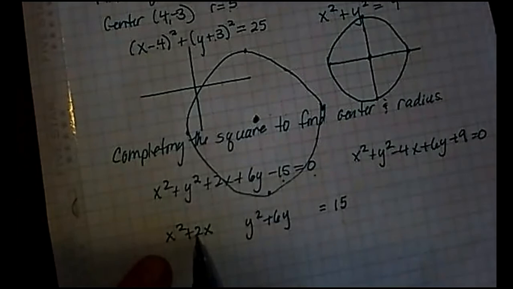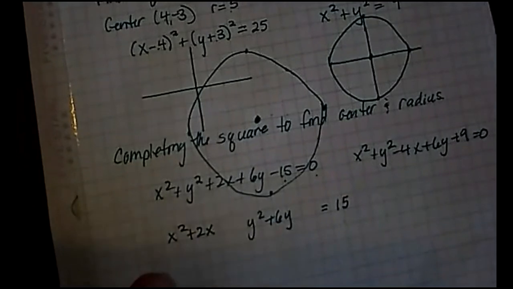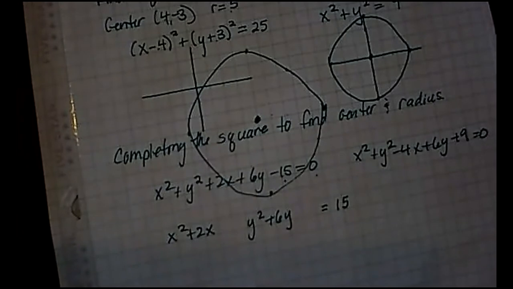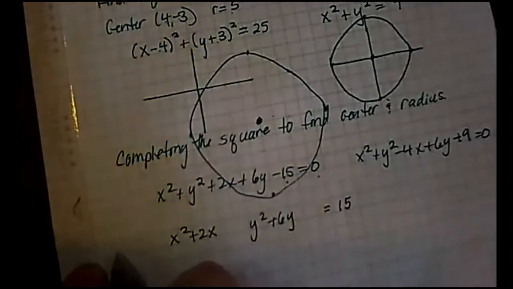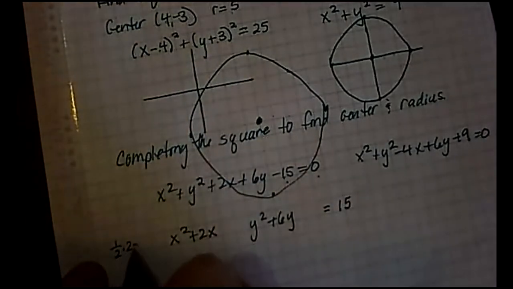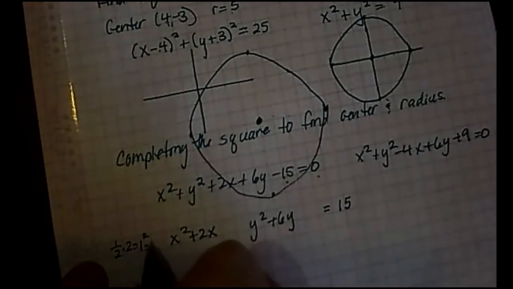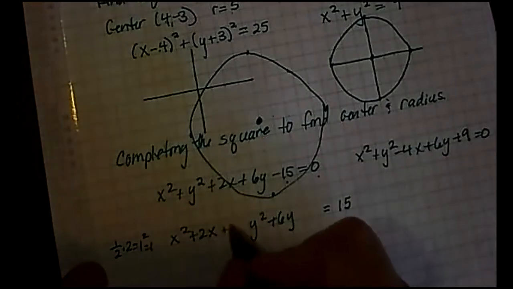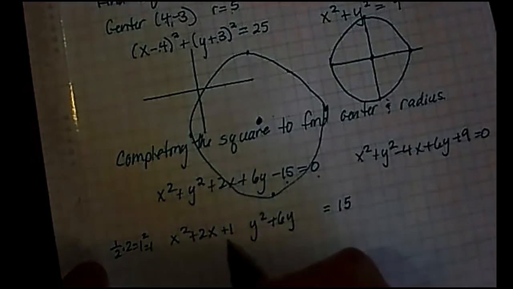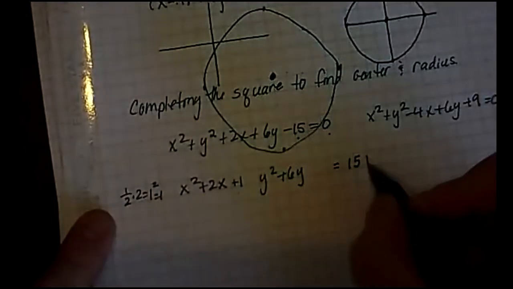Half of 2 is 1, and then we square it and get 1. So we're going to add 1 here. But if I do that here, don't forget you have to add 1 over here.